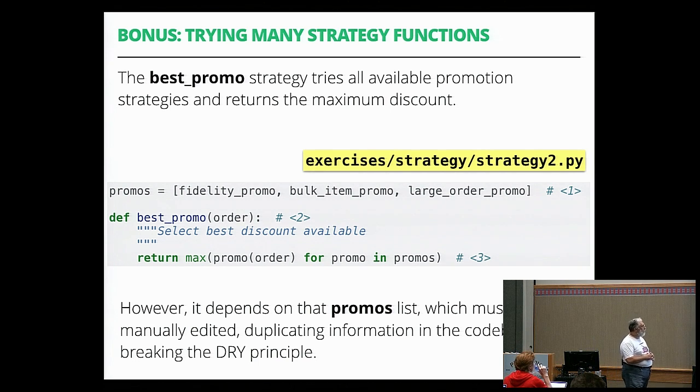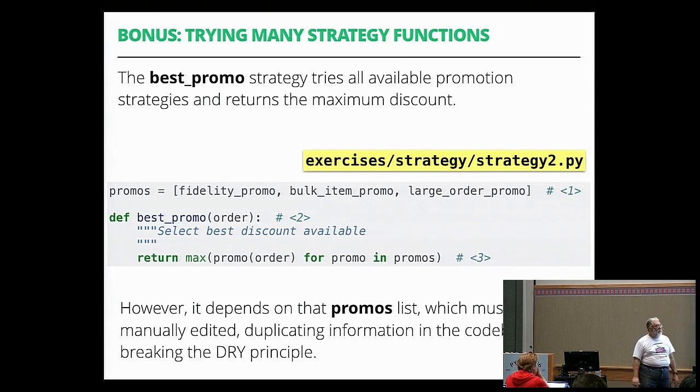However, this depends on that promos list. And that list has to be manually edited, which duplicates information in the code base and thus breaks the do not repeat yourself principle, right?